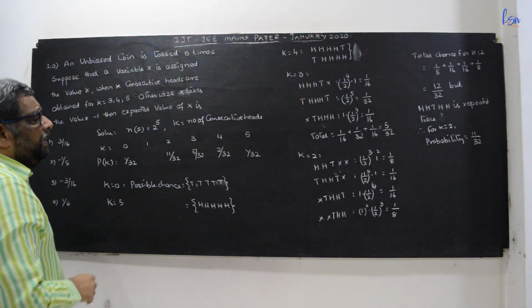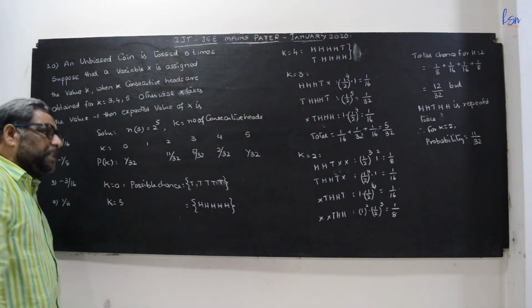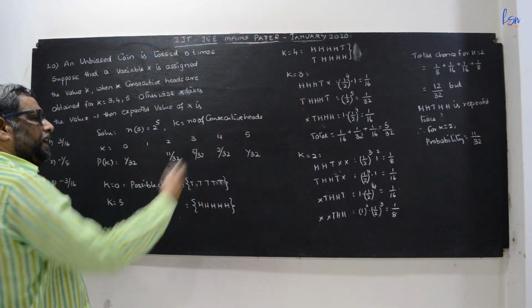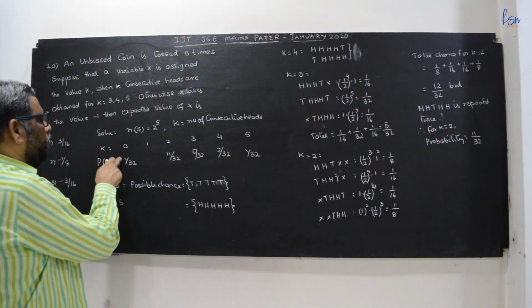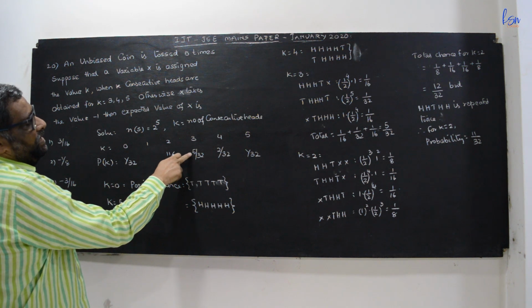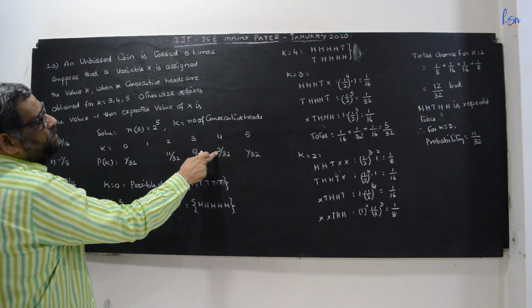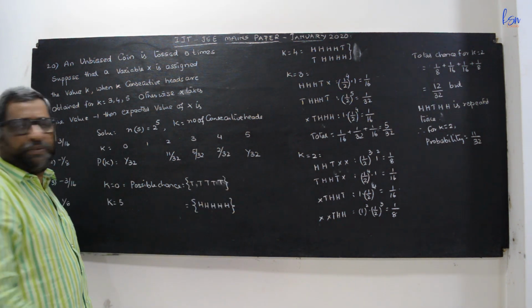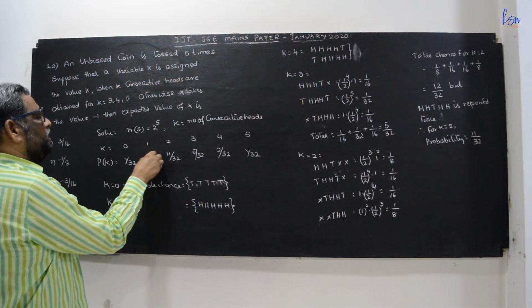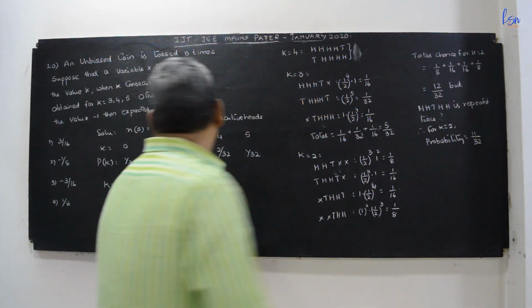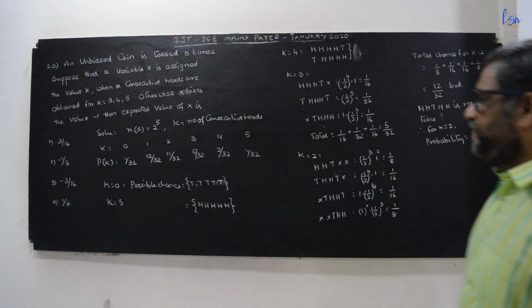Now, it is not necessary to find this one, because the sum of all the elements in the second row must be equal to 1. 1 plus 11, 12, 12 plus 5, 17, 17 plus 2, 19, 19 plus 1, 20, 20 by 32. So this must be 12 by 32. So now we have the probabilities for all of these.